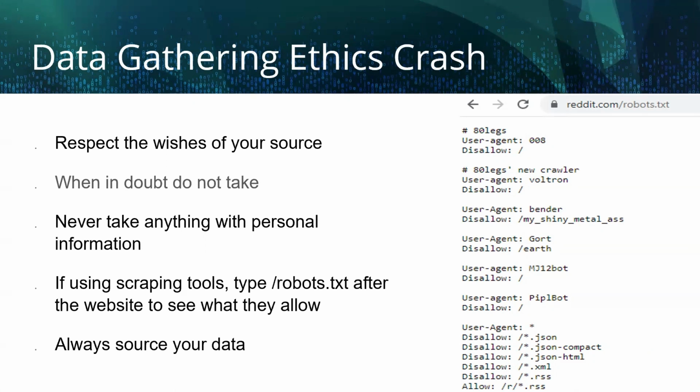If you're using scraping tools, for example, on the right here, after reddit.com, type /robots.txt. Try this on a lot of different websites, and you'll notice there are actually instructions there. The user agent is basically what they're allowing you to scrape.